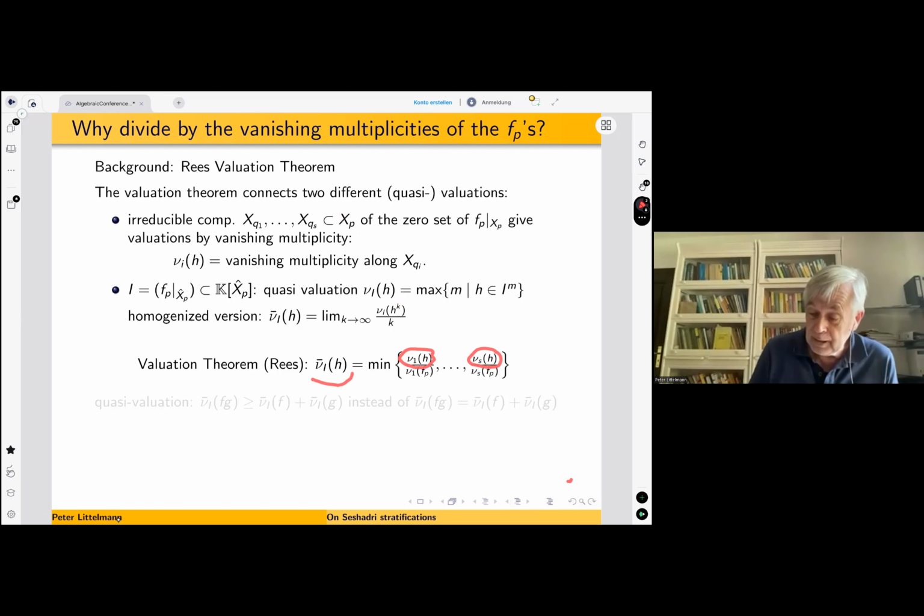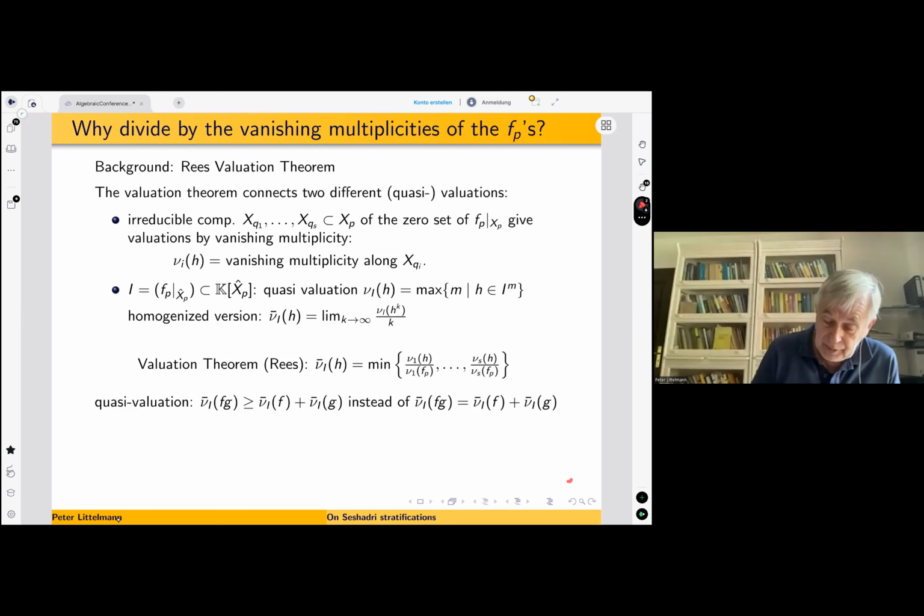But this is not enough: I have to divide these values exactly by these vanishing multiplicities. And this is the way these two things are connected. Again, just as a reminder, the difference is that for a quasi-valuation I only have an inequality.